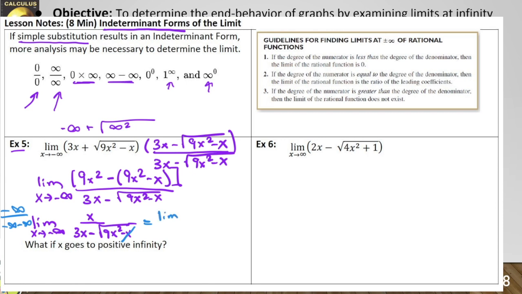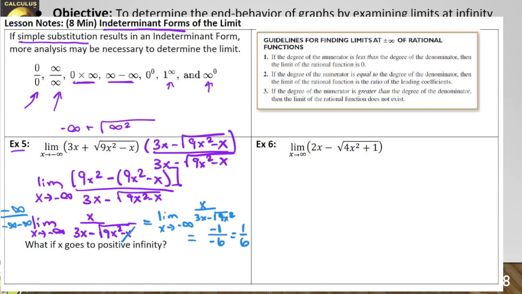We have the limit as x goes to negative infinity of x over 3x minus the square root of 9x squared. Now, the square root of 9x squared is the absolute value of 3x. Think about what's happening here. Essentially, you have an x in both the numerator and the denominator that can be canceled out, and you're left with positive 1 over 6, or negative 1 over negative 6, which is positive 1 over 6.